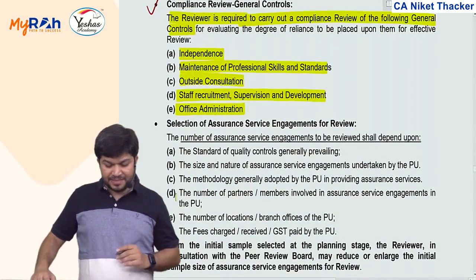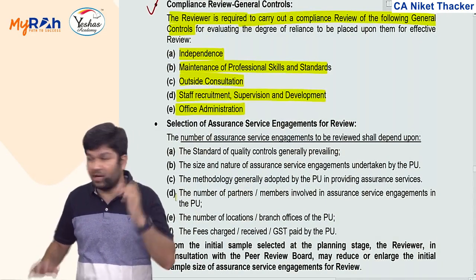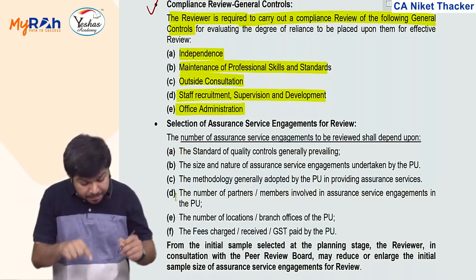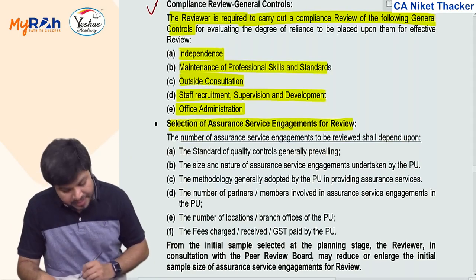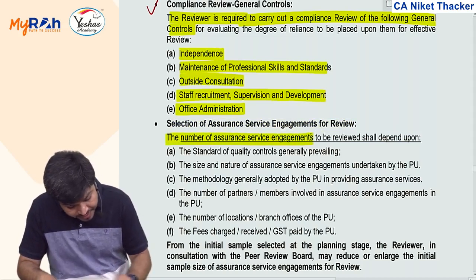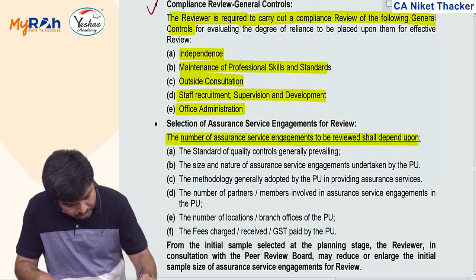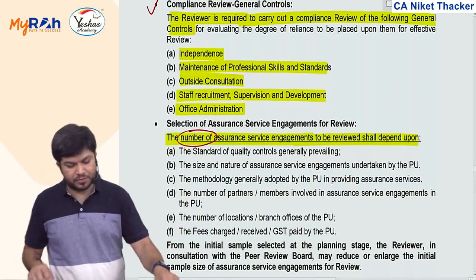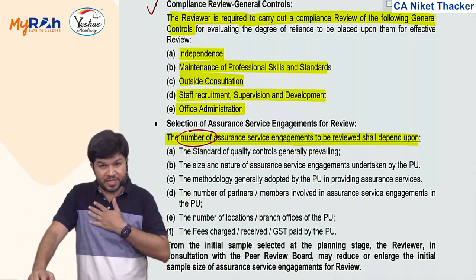Okay, now how many assurance engagements should I select? How many files should I select? 3, 5, 10. How many files I should select depends on the selection of assurance engagements. The number of assurance engagements to be reviewed depends on, okay, the question comes, which are the general controls which I need to check?